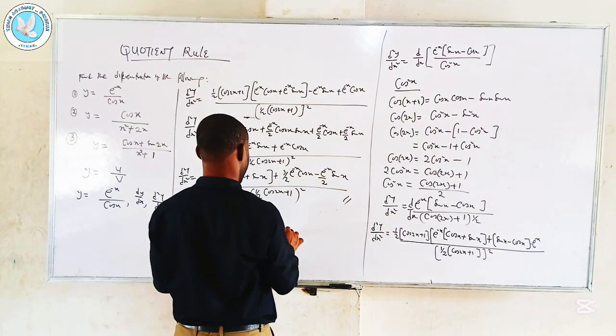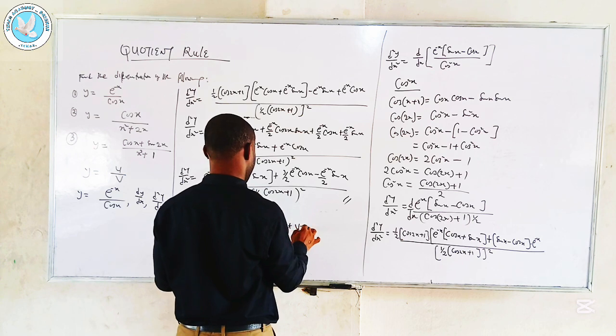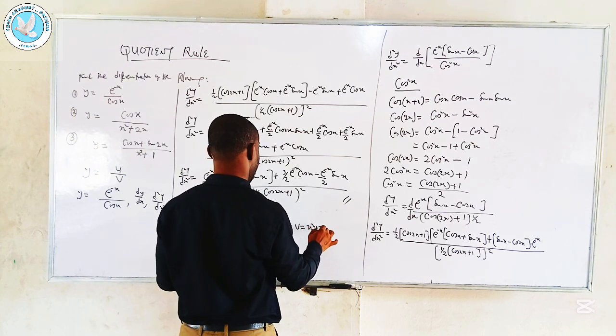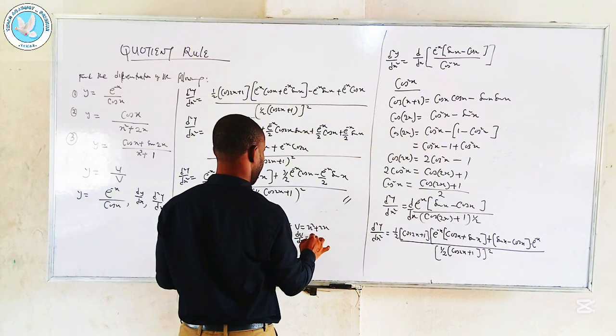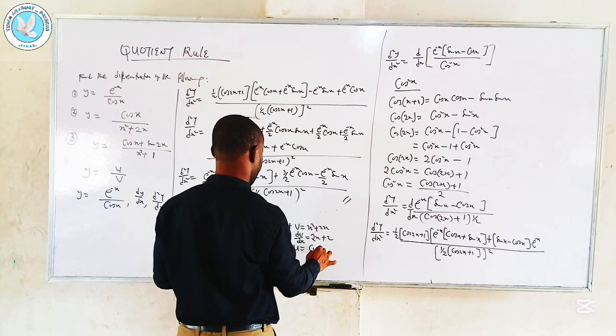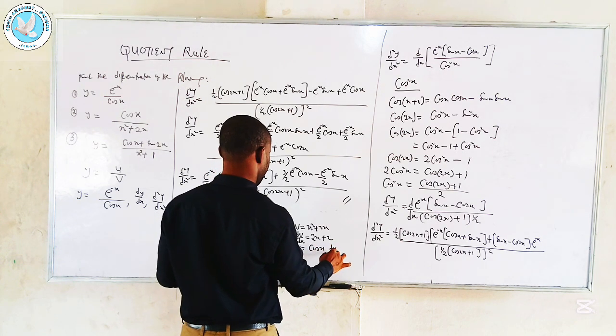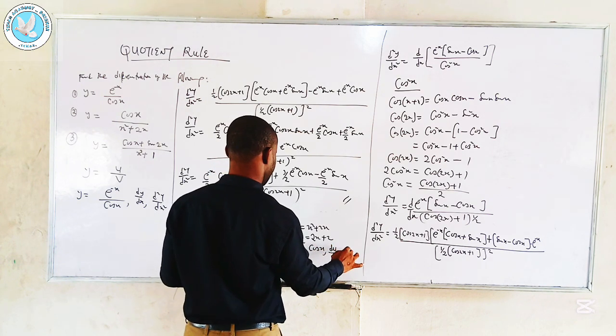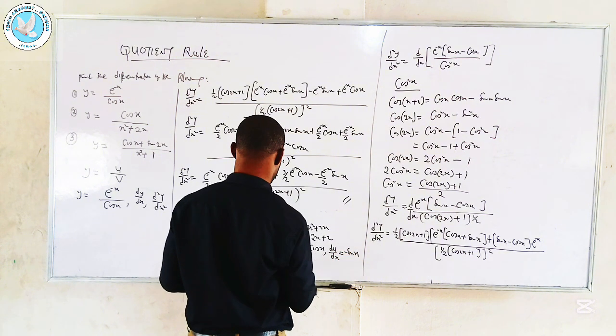So we are saying let v be this, and dv/dx is 2 plus 2, and also u is cos x, du/dx is minus sin x.